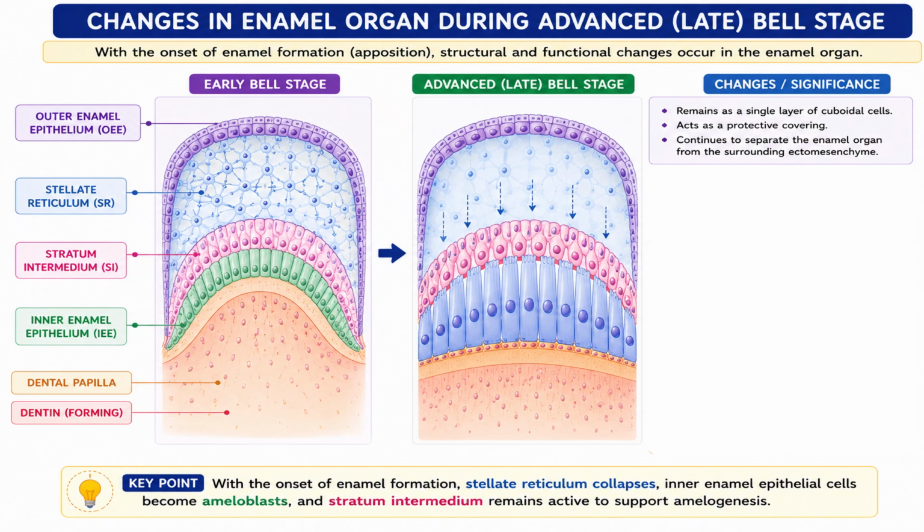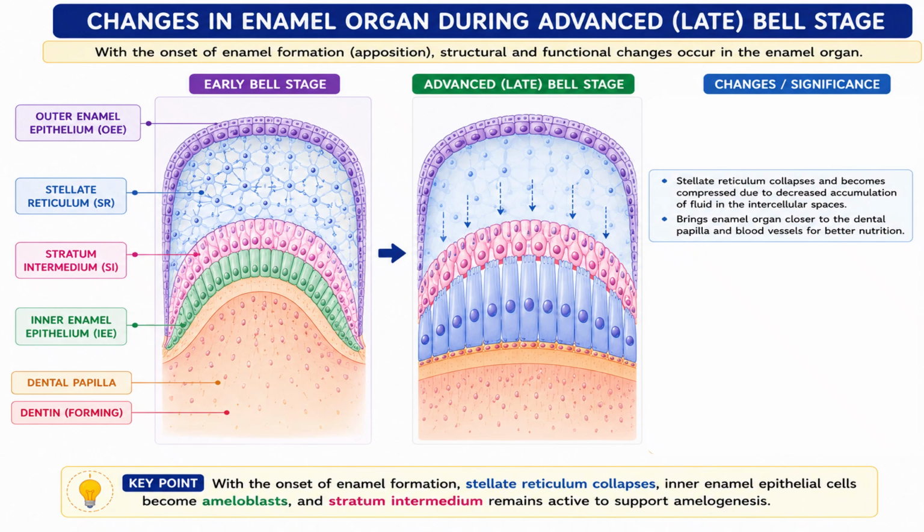So coming to the changes in the enamel organ during advanced bell stage. With the onset of enamel formation by apposition, structural and functional changes occur in the enamel organ. Coming to the outer enamel epithelium, it remains as a single layer of cuboidal cells, acts as a protective covering and continues to separate the enamel organ from the surrounding mesenchyme.